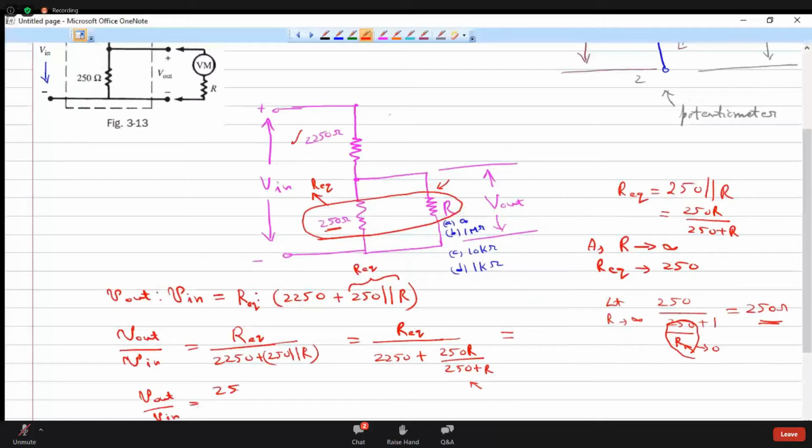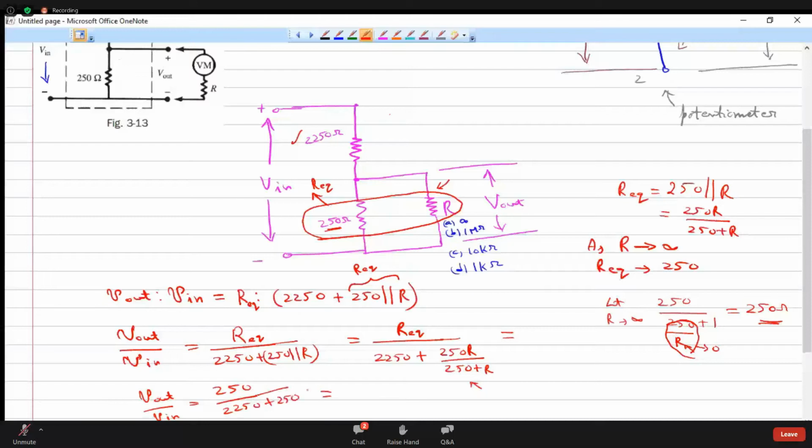It will be equal to 250 upon 2250 plus 250.